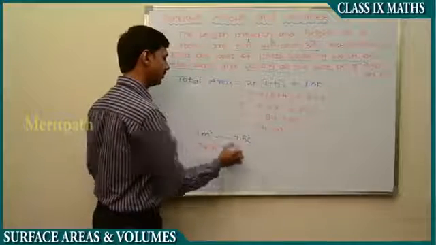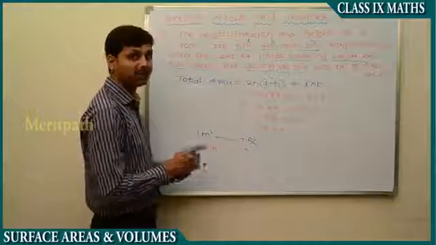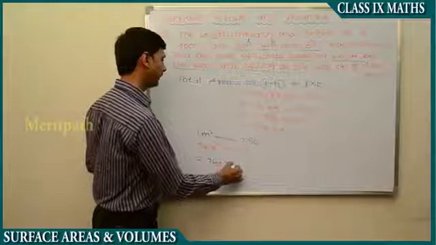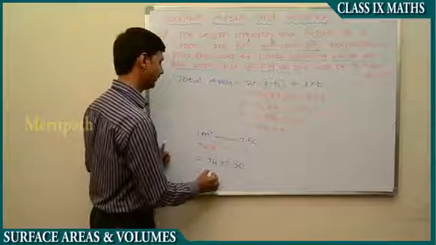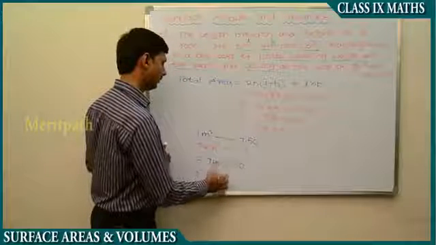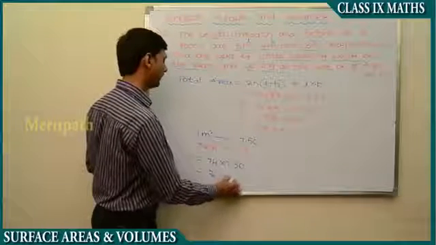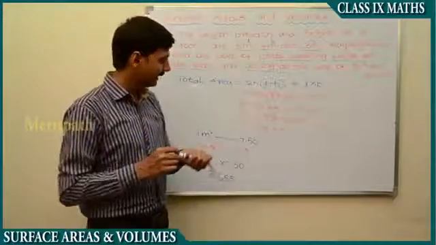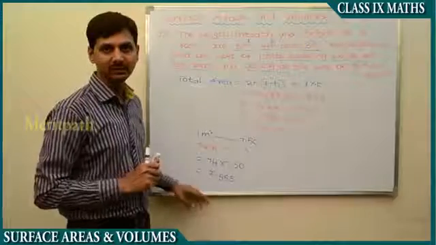We just need to multiply: 74 into 7 rupees 50 paise. Let's multiply. Then we get 555 rupees. So the total cost of this room along with the ceiling is 555 rupees.